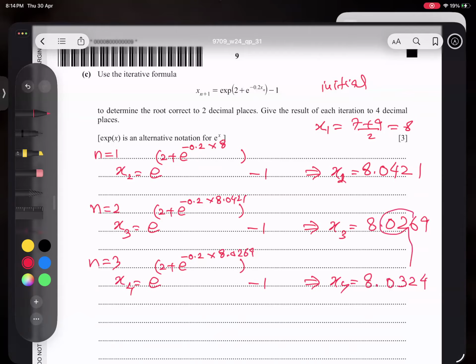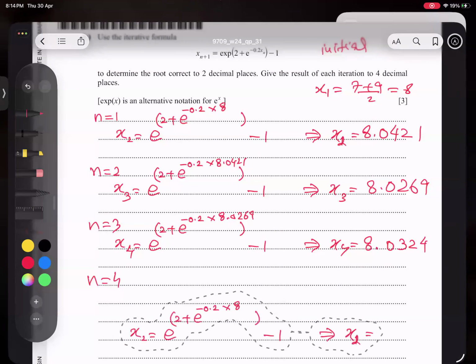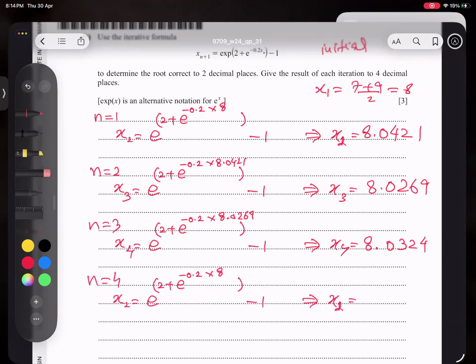Is 2 dp matching? Somehow I'm not sure about it. Let's go one more attempt. Let me check it once again. So I erase this one, and I have a 5 here, and 8.0324. When I replace it here, I'm getting 8.0298.